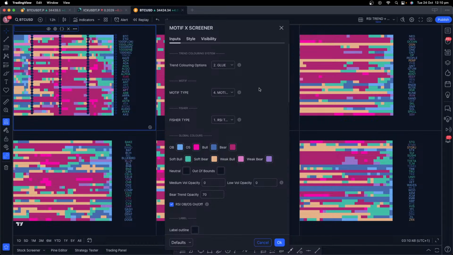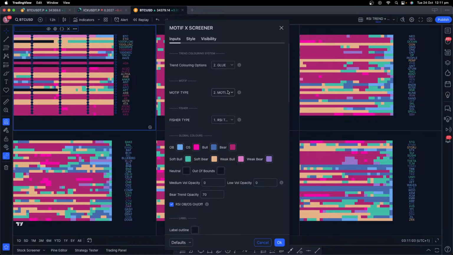If you want a more broad outlook on the market, you will choose, for example, the X or the motif. These will give you different sort of color options to choose from with a little bit less noise. So you might choose something with a bit more detail for a higher time frame, for example, and then on the lower time frame, to cut out all the noise, you'll choose something a bit more extreme.